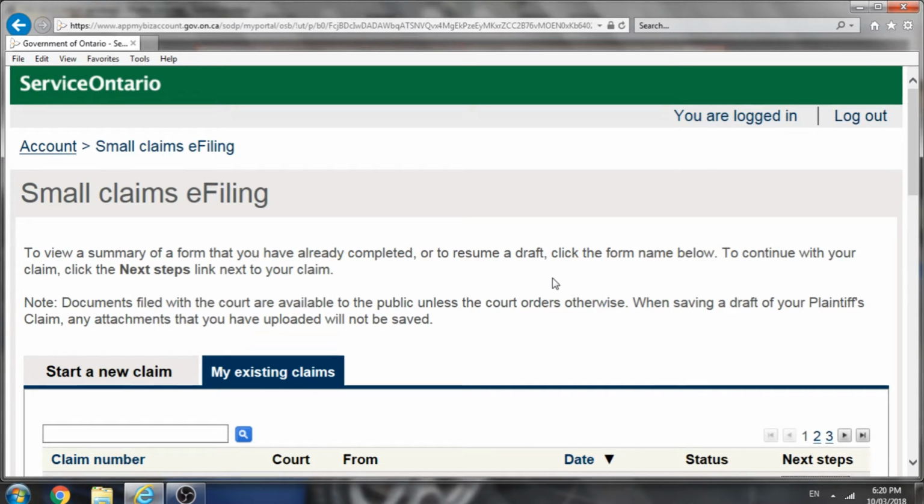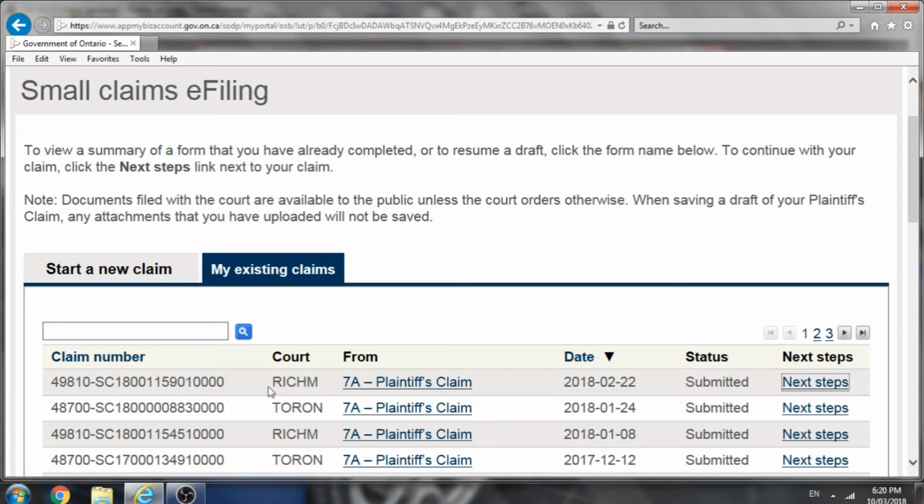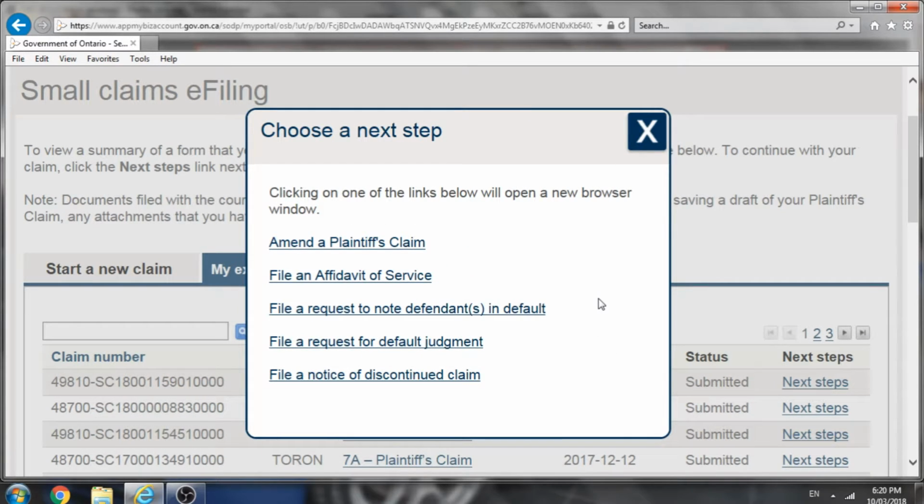You go into your OneKey account, you go to the claim which was issued electronically, just go over to the right hand column where it says next steps, and there you can see OneKey allows you to choose a next step, which could include amending a plaintiff's claim, filing an affidavit of service, filing a request to note defendants in default, or a request for default judgment, and even a notice of discontinued claim. Just select whichever one that you need to complete and simply follow the instructions as they're presented. Just that simple.